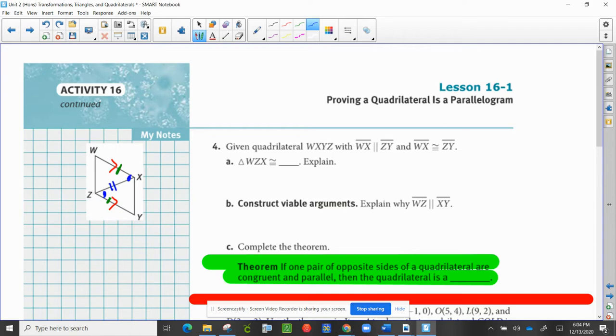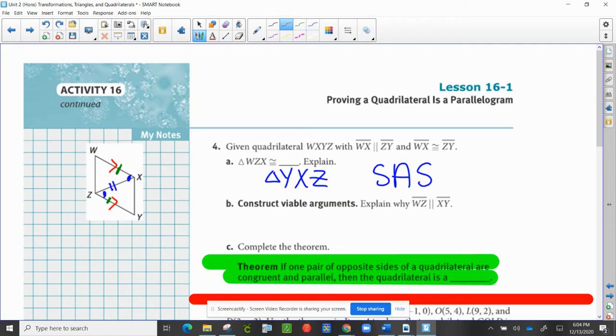Triangle WZX would have to be congruent to triangle YXZ because if we have a side, an angle, and a side, we can prove congruent triangles. So then why can we say that WZ is parallel to XY?